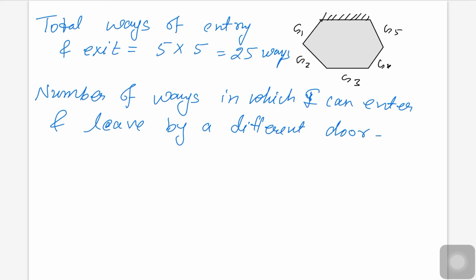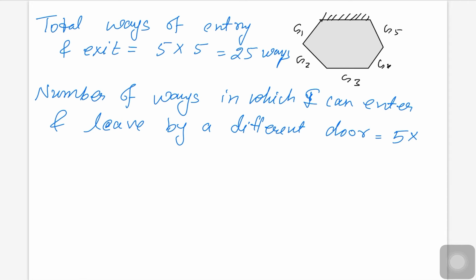It means I can enter from any door, but I have to leave by a different door. So for the entry point I have 5 options, and I have to leave also.